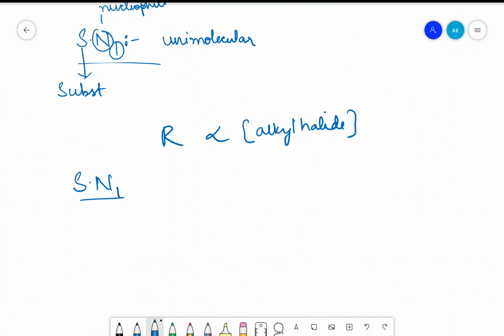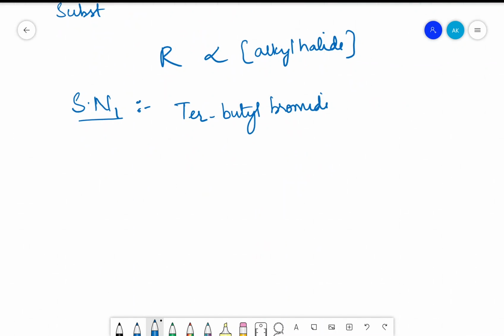We are going to consider an example of tertiary butyl bromide. Tertiary butyl bromide is a carbon having three methyl groups with a bromide.